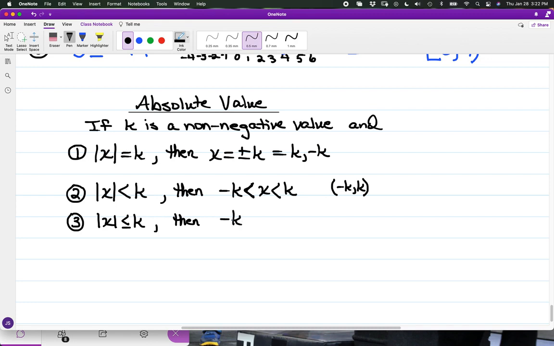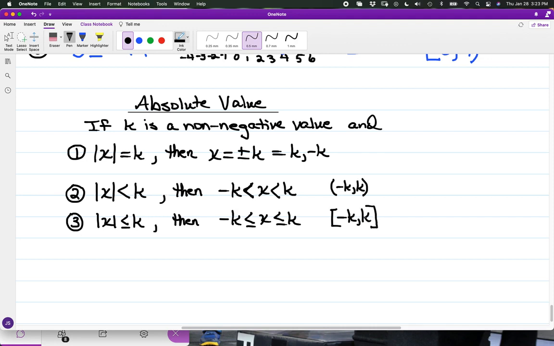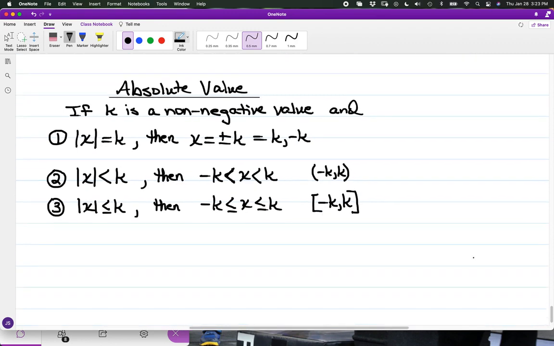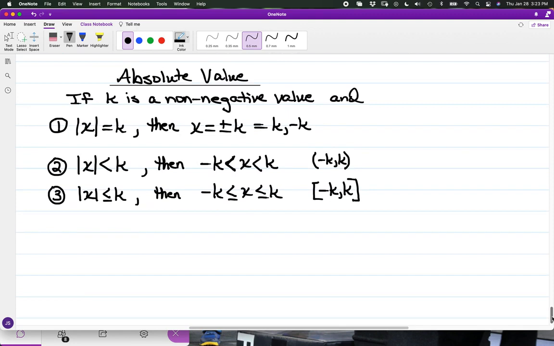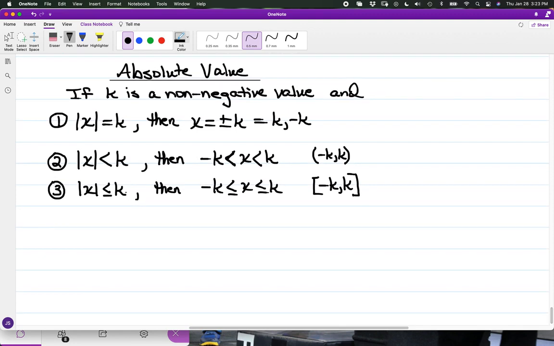So in this case, you're going to have that negative k is less than or equal to x, which in turn is less than or equal to k, and your interval notation would be brackets around negative and positive k. So you have pretty much the same mode of behavior whenever we have the absolute value inequality with less than or equal to k.